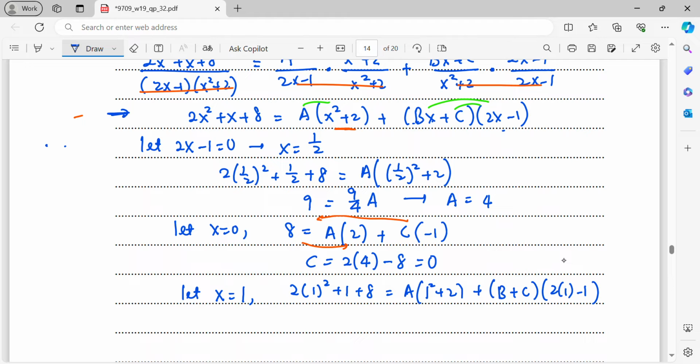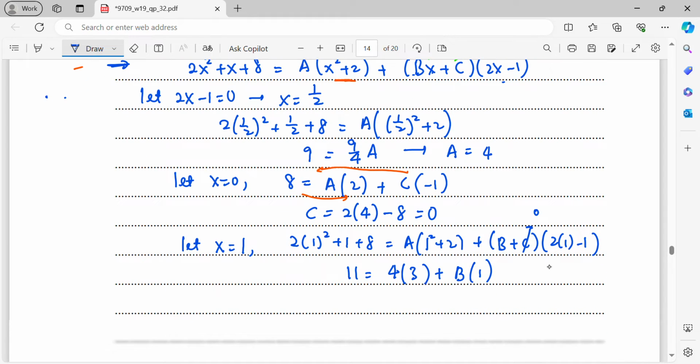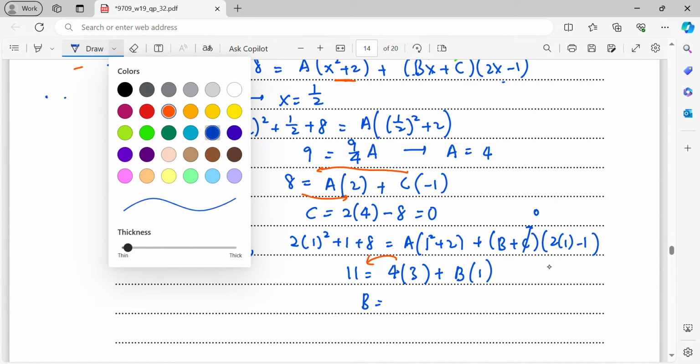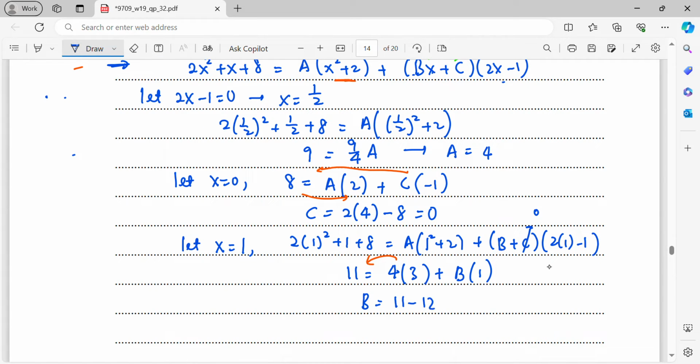The left-hand side here gives 11. Now A is replaced by 4, and 1 plus 2 is 3. Remember your C is 0, so basically I'm getting just B, because here it is 0, and 2 times 1 minus 1 is 1. Now my B equals 4 times 3, moved to the other side: 11 minus 12. That is minus 1. So I found my A, B, and C.